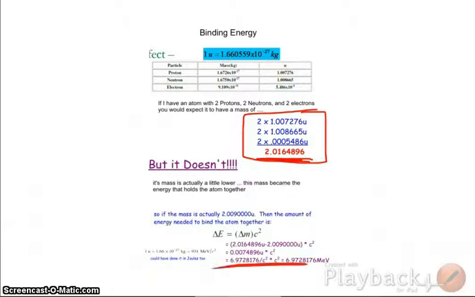I put it into mega electron volts for the conversion. Rather than 0.0074689 atomic mass units, I found it in mega electron volts. So that mass that we don't measure becomes energy holding the atom together, holding all those positive protons which repel each other in the nucleus.